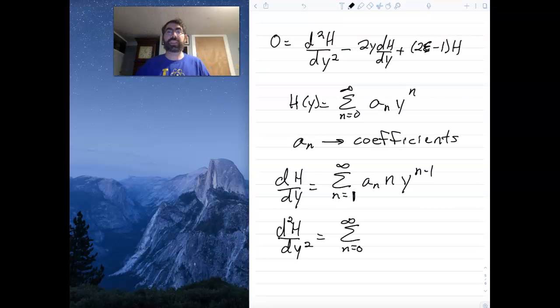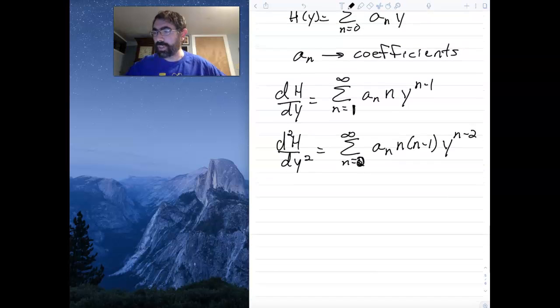Because we eliminated the a_0 coefficient. And now this becomes, starting at n equals 2, a_n n(n minus 1) y to the n minus 2.